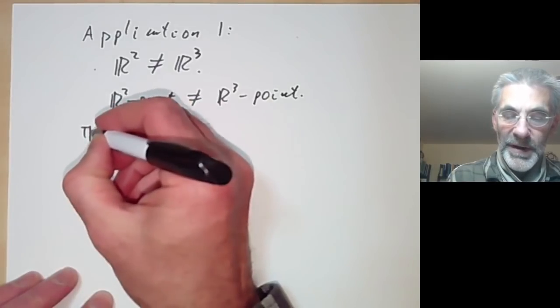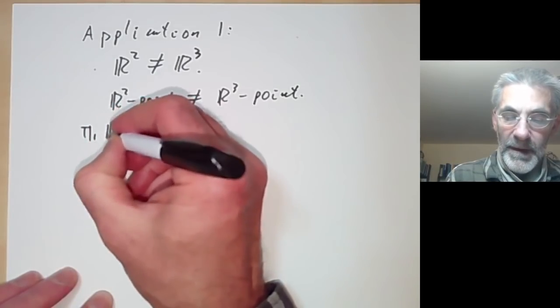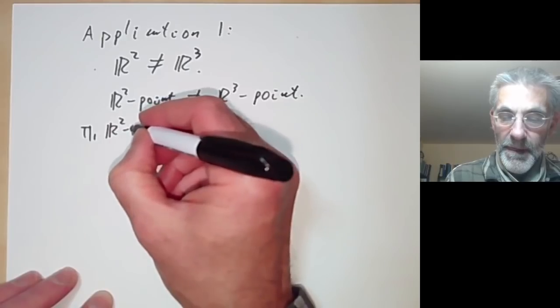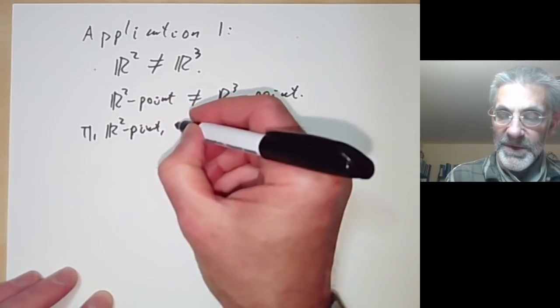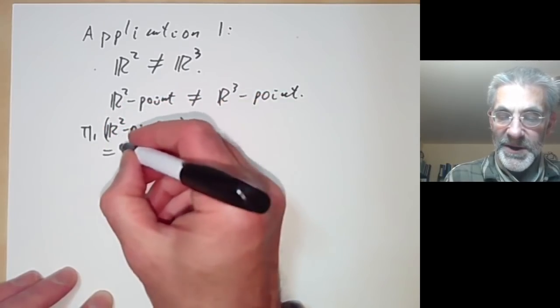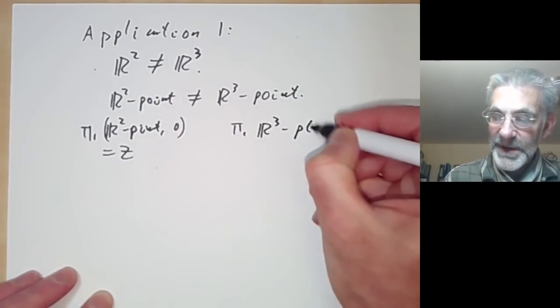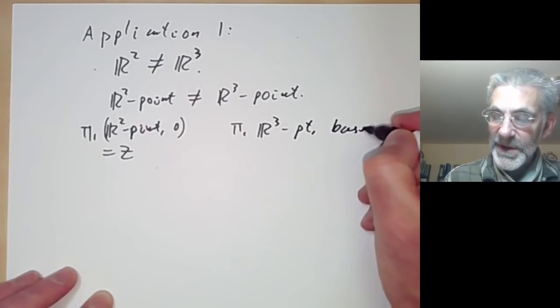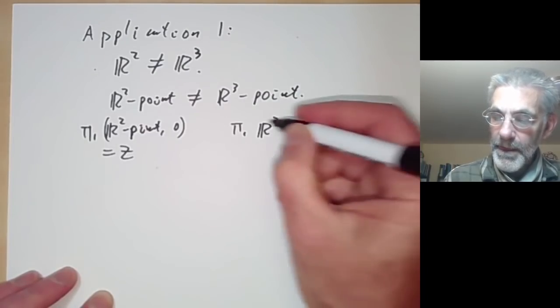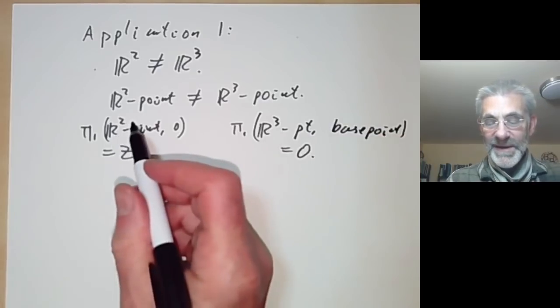So pi1 of R2 minus a point with respect to some base point is just Z, and pi1 of R3 minus a point with respect to some base point is 0. And why is this?